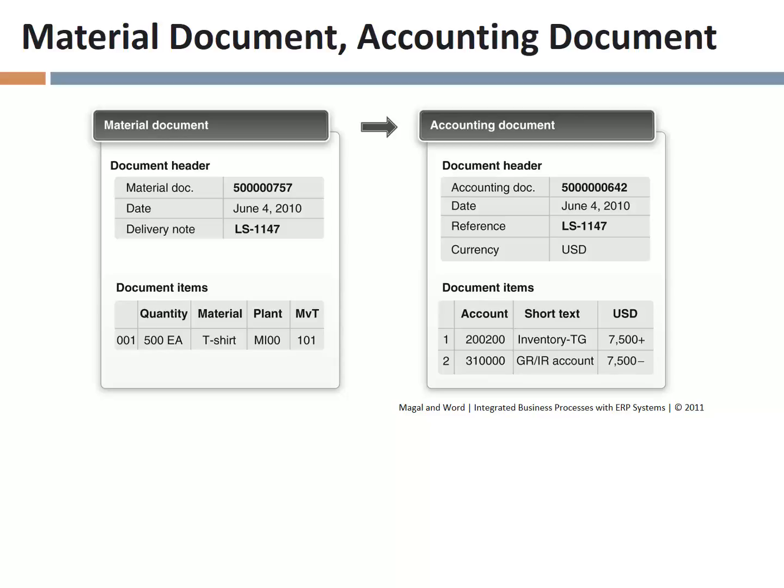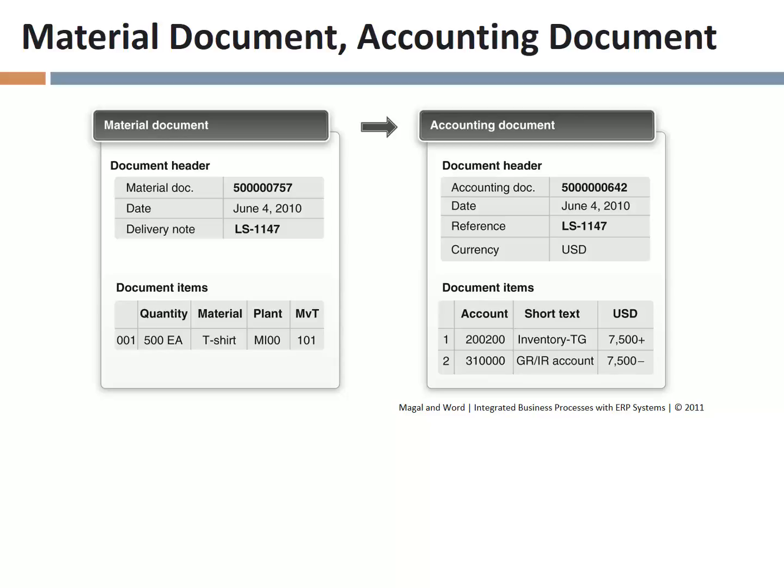The other document that gets created is the accounting document. And the key here is the material document focuses on the quantity. The accounting document focuses on the money. And so notice the information is segregated in exactly that fashion. The accounting document doesn't give us any material quantities, and the material document doesn't give us any dollar references.